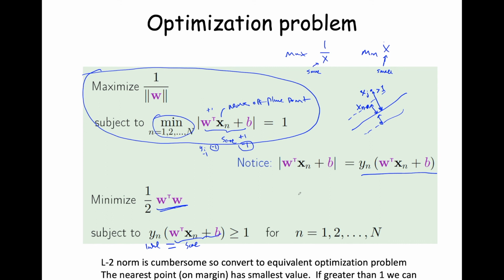So the L2 norm is cumbersome. So we convert this to an equivalent optimization problem, and the nearest point on the margin that has the smallest value. That's why we have this minimization. We're trying to find an off-plane point, but we want to find that off-plane point who's closest to the plane, and that's going to be W transpose xn plus b is equal to 1.